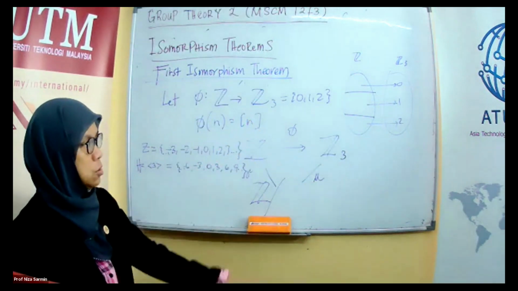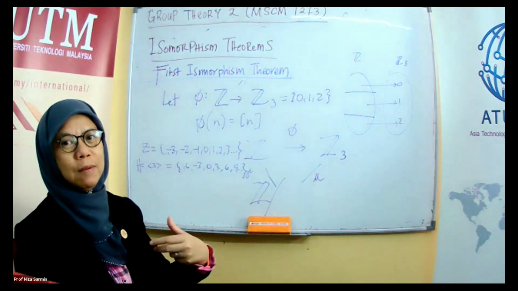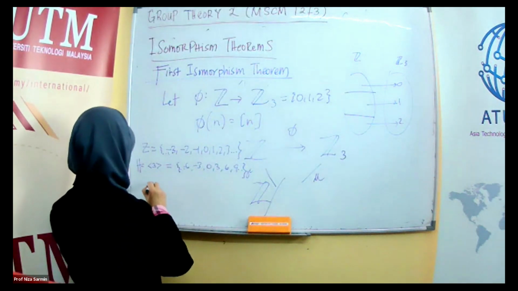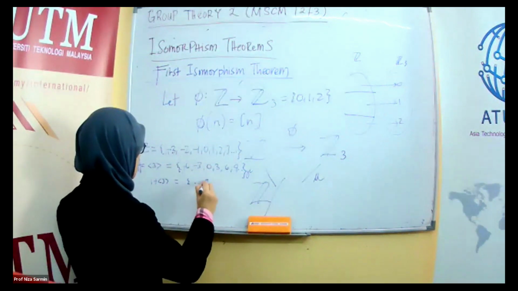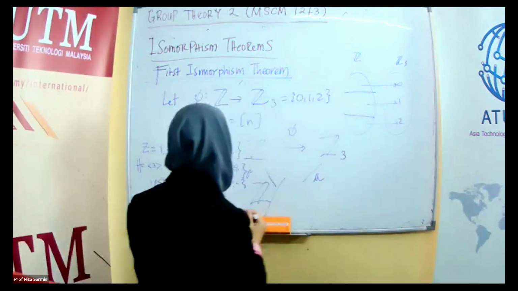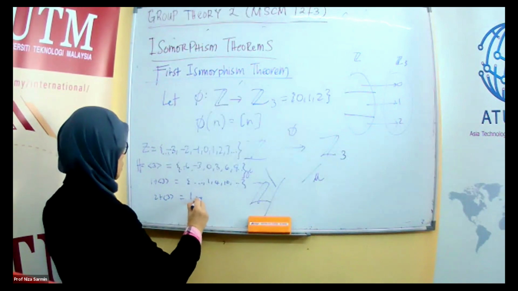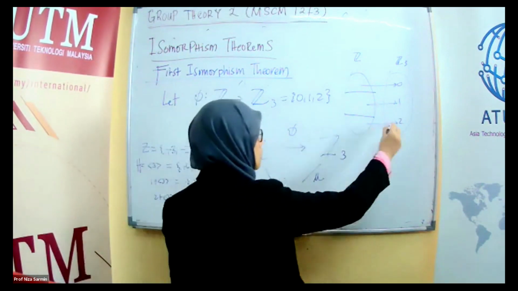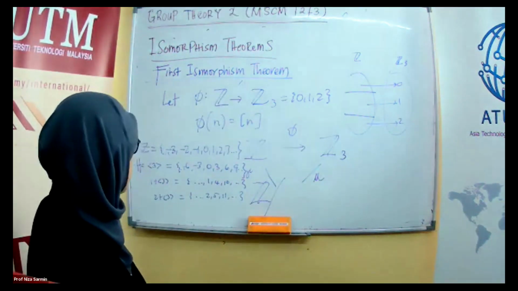I want that mapped to 0. The one mapped to 1 is the one with 1 plus 3, right? 1, 4, 10. That is mapped to 1. The other one, 2 plus 3 is 2, 5, 11, right? That is mapped to 2. So that is my point.